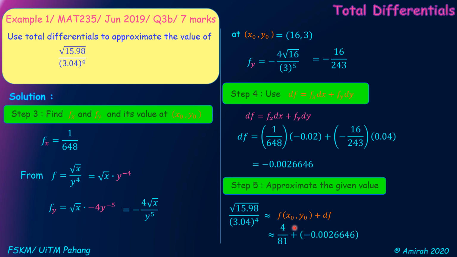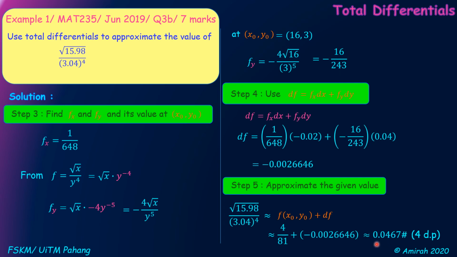So from step 2 we get f(x naught, y naught) equals 4 over 81, and then plus df from step 4, we get negative 0.0026646. Then we simplify, so we get 0.0467 up to 4 decimal places.